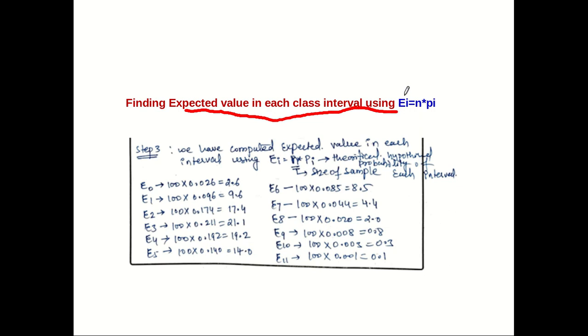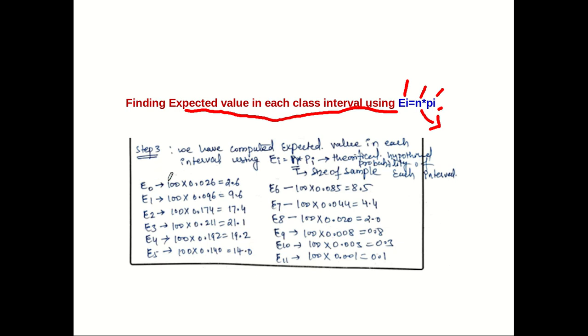This is calculated by Ei equal to n into Pi. The n is the total size of the data, that is 100, and Pi is the theoretical hypothesized probability value of each class interval, right.